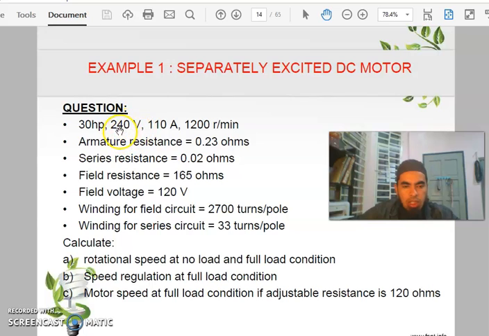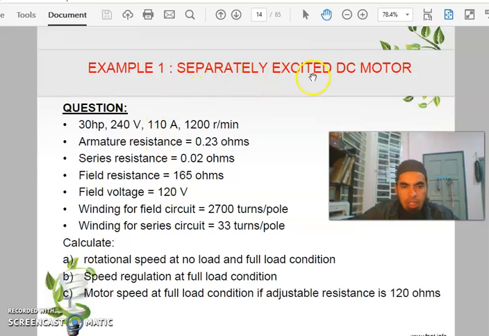Same goes for this: it is the maximum terminal voltage value that the motor should be connected to, and this is the maximum current at the maximum, rated load of the motor. This is the maximum or rated speed of the motor, and this is the internal armature resistance, series resistance of the motor, field resistance, field voltage.